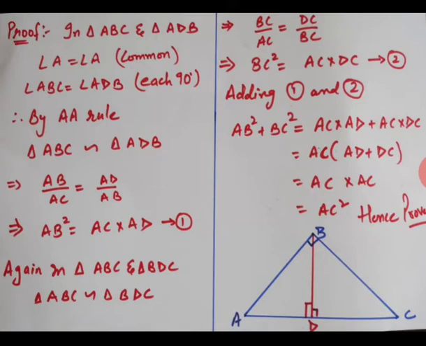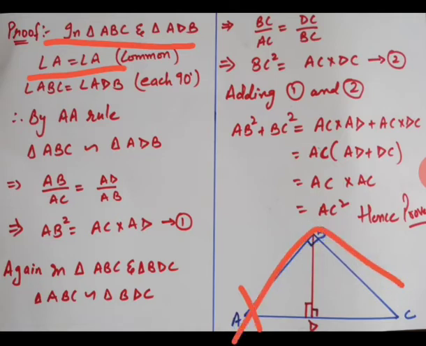So to begin with, in triangle ABC and ADB, you can see this angle A is common. Angle A is equal to angle A. Also angle ABC and angle ADB are both of 90 degrees.